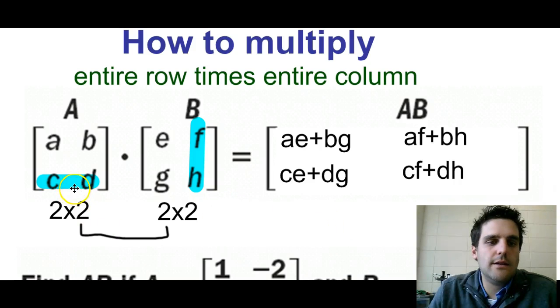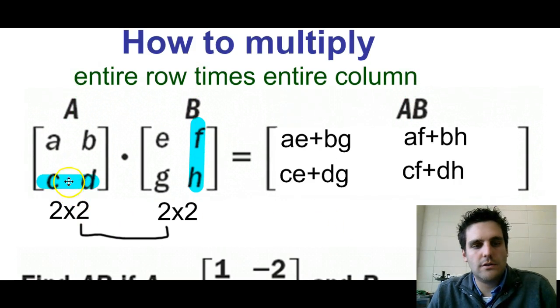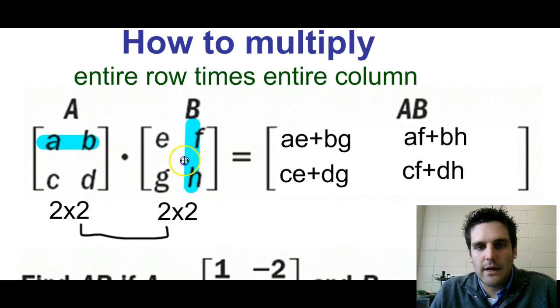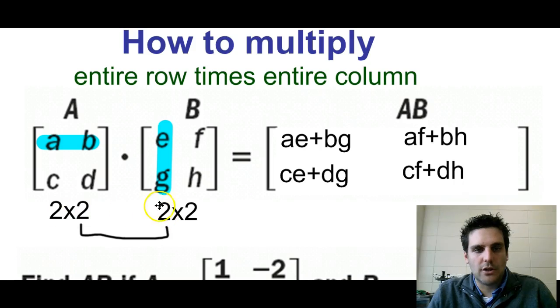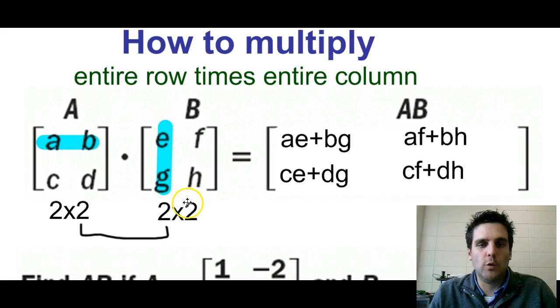The general idea is that you're going to multiply entire rows by entire columns. And so that's why these two numbers have to match up. Otherwise, you wouldn't have elements to multiply.